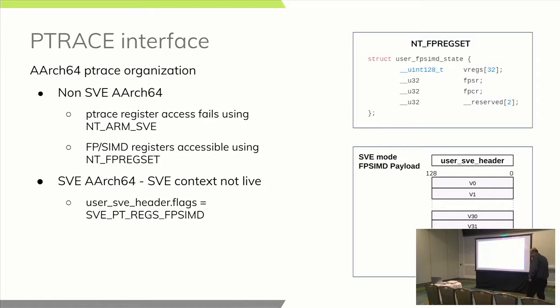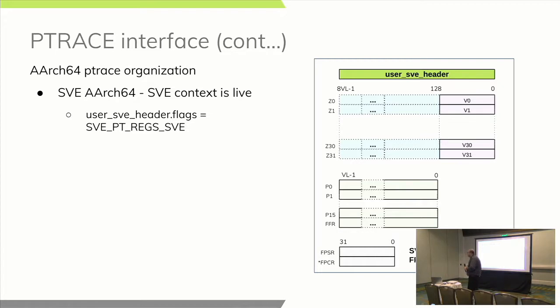There can be two other cases where we send the ptrace call with the NT_ARM_SVE flag and we get a success, but success doesn't necessarily mean that SVE is live in that particular thread. What it means is that registers are either configured to be used or not configured to be used.